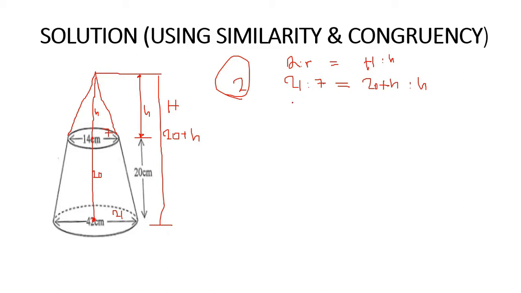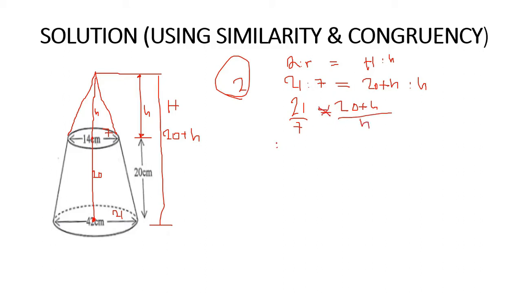We write this as fractions: 21 over 7 is equal to 20 plus h over h. Then we cross multiply.